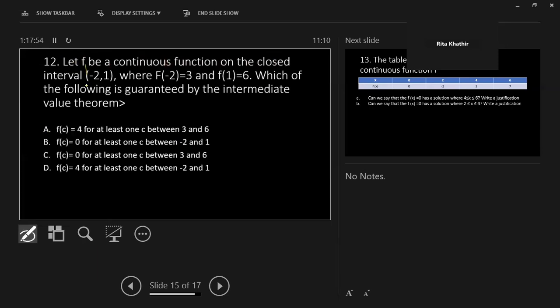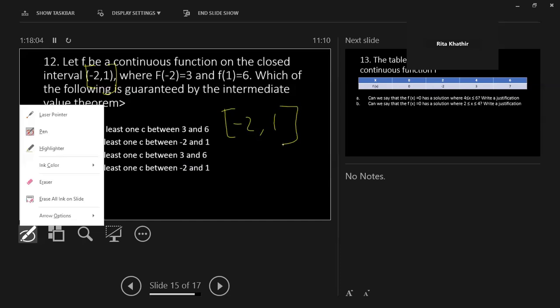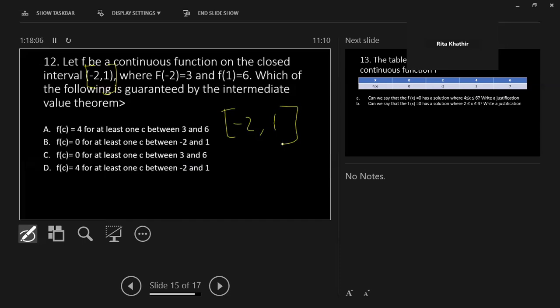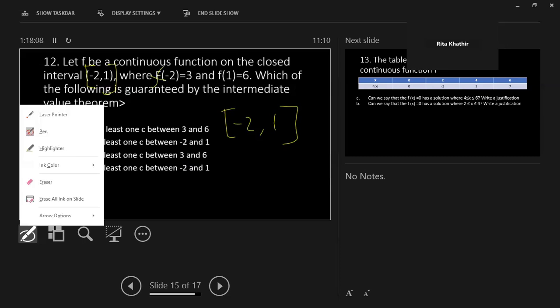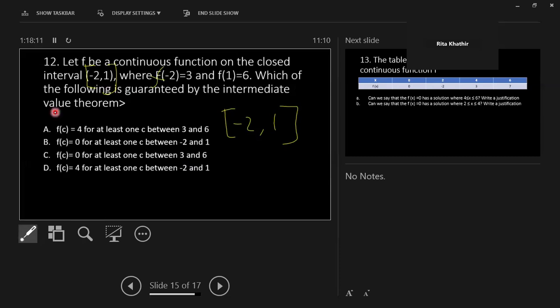The closed interval would be like this, minus 2 until 1. Well, f of minus 2 is 3, and f of 1 is 6. So can you draw this story?